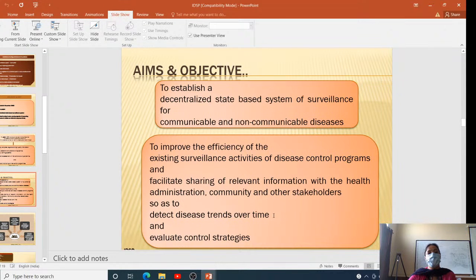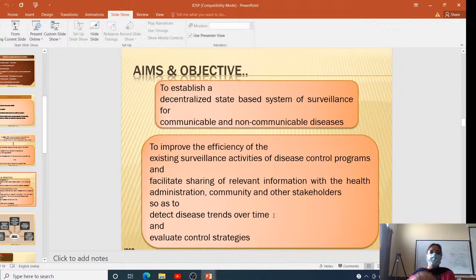Then we have aims and objectives. The aim was to establish a decentralized state-based system of surveillance for communicable as well as non-communicable disease. Objectives were to improve the efficiency of existing surveillance activities of the disease control programs and facilitate sharing of relevant information with the health administration, community and other stakeholders so as to detect disease trends over time and to evaluate control strategies.